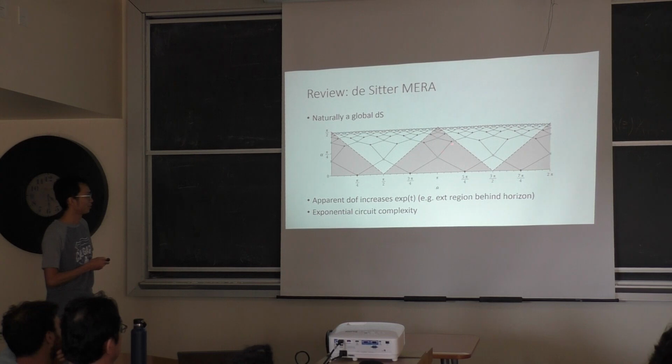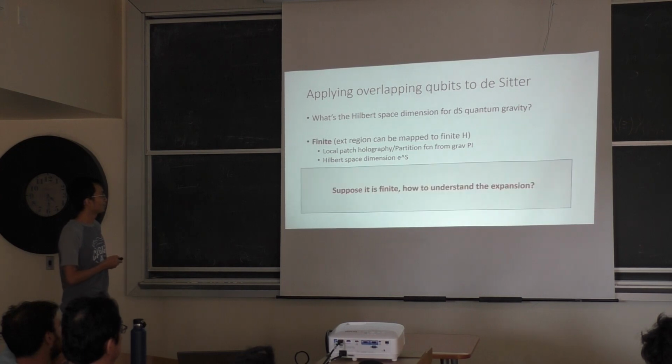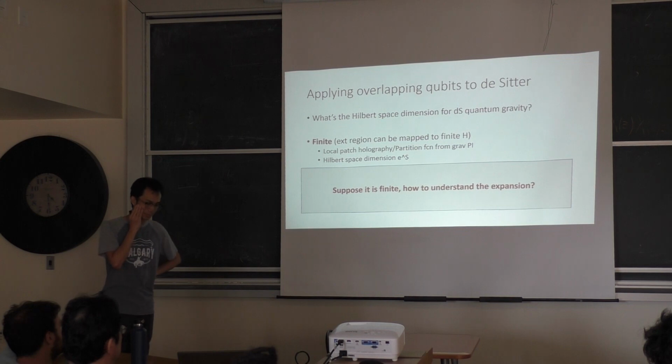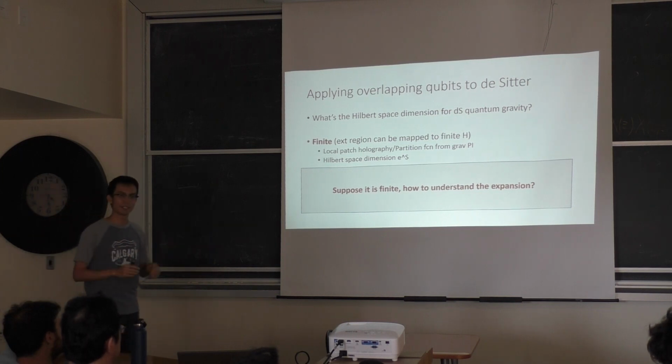If you were an observer, you can fall into the exterior and then things will look real to you. However, there's an idea within quantum gravity that we would like to think of the de Sitter quantum gravity Hilbert space as finite dimensional, and this is e to the S, where S is the de Sitter entropy. So how do I reconcile these two ideas?